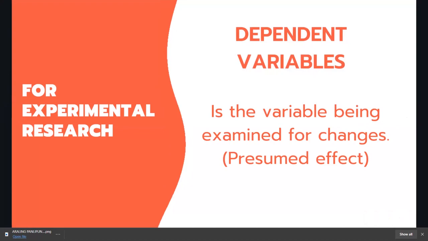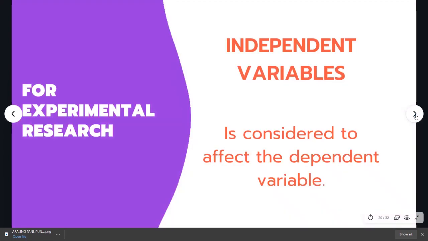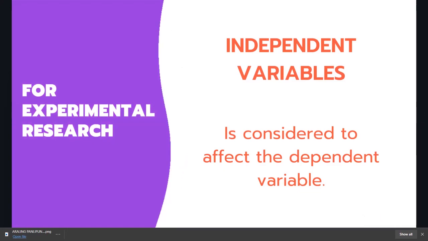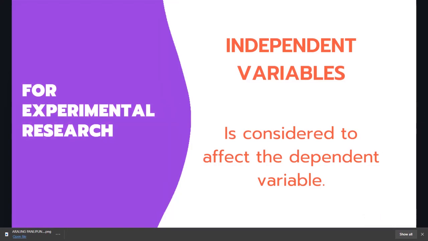Dependent variables are variables that are monitored in an experiment. It is also called the effect variable or the presumed effect. Ang dependent variable naaapektuhan sa ginawa na pagbabago sa independent variable.